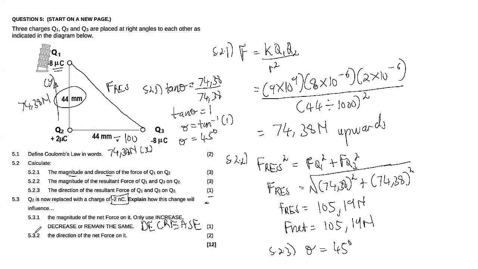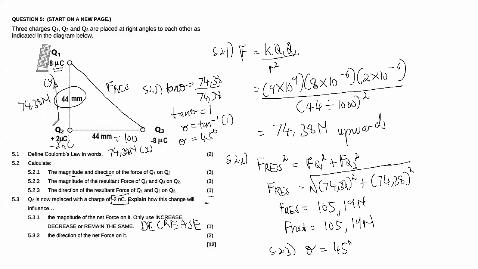And now 5.3.2 says the direction of the net force on it. So what will be the direction of the net force? Now we can see that not only did they introduce a smaller charge, but they also changed the charge on that Q2. So now it is negatively charged. So if it is now negatively charged, what are we going to experience here?